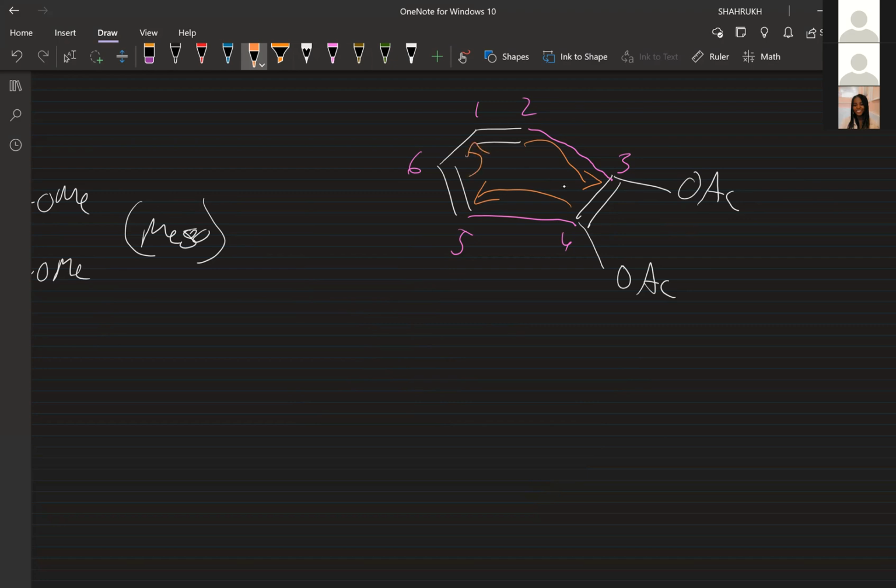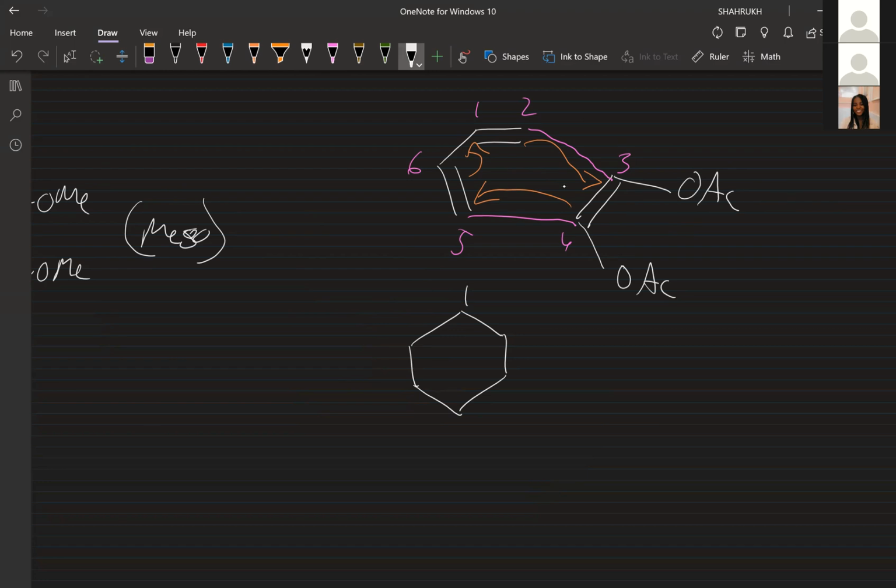So now if I drew the new structure and labeled them again. Oops, let's draw that a little better. There we go, that's a little better, right?